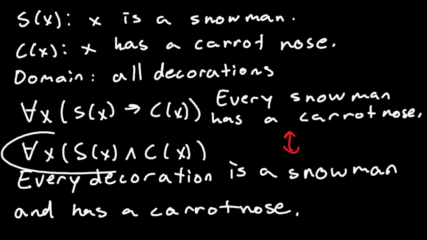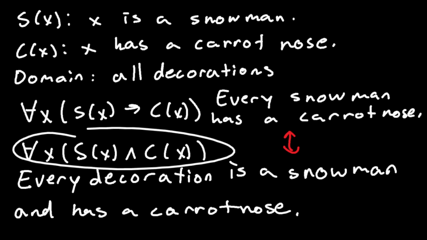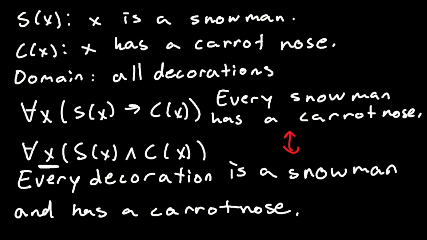But for this one to be true, every decoration in the domain has to be a snowman, so the snowman part has to be true, and the carrot nose has to be true. So it's basically saying all decorations are a snowman and have a carrot nose, which is completely different than every snowman has a carrot nose, right?